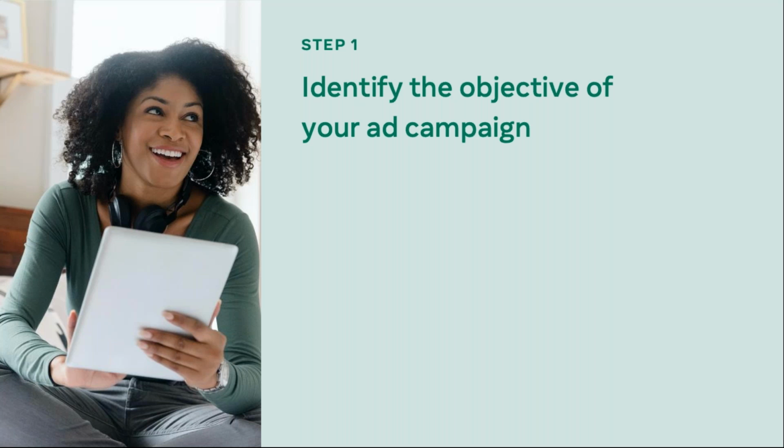And you can really reflect on this if you're thinking about your goals. What do you want your ad to achieve? There are different objectives that you can choose from when you actually start developing your ad campaign. And your choice here will affect the options that you can choose from when building your campaign, making sure that your campaign is in line with the objective that you have in mind.